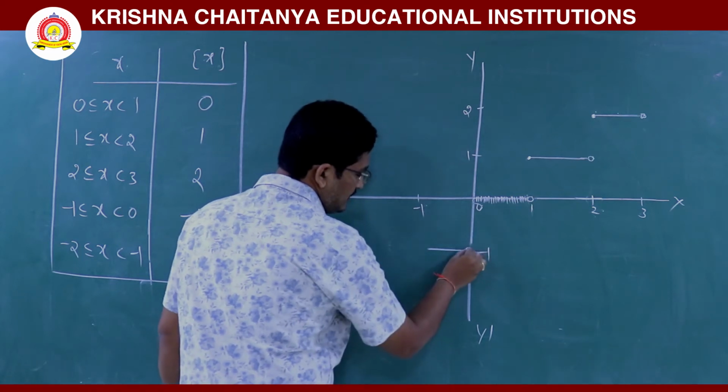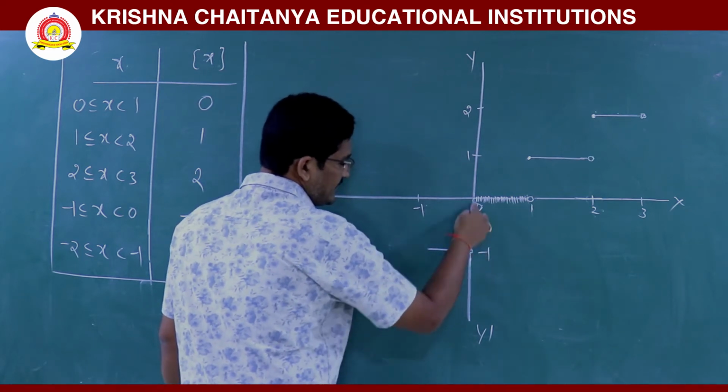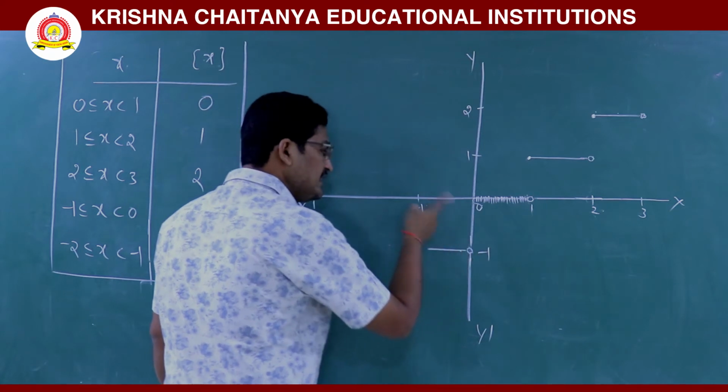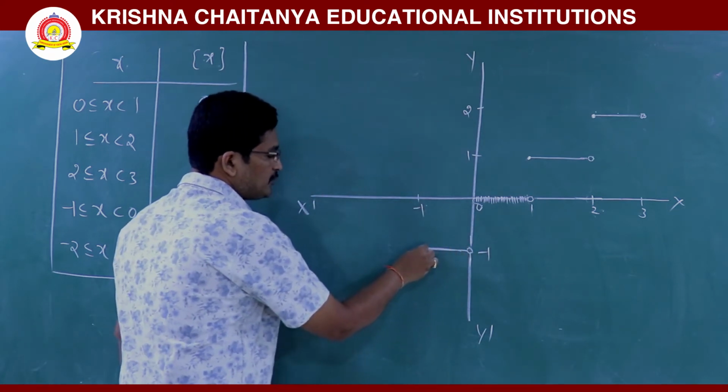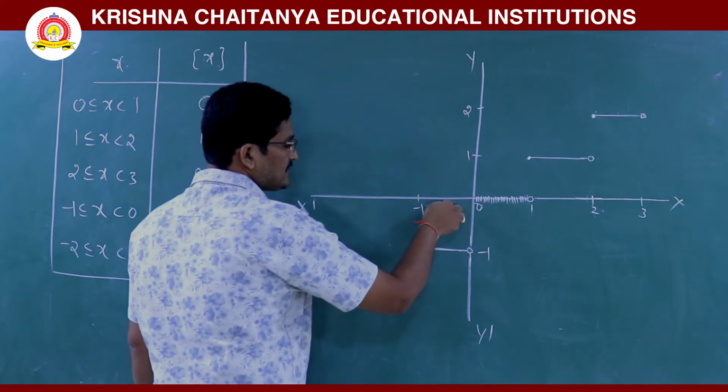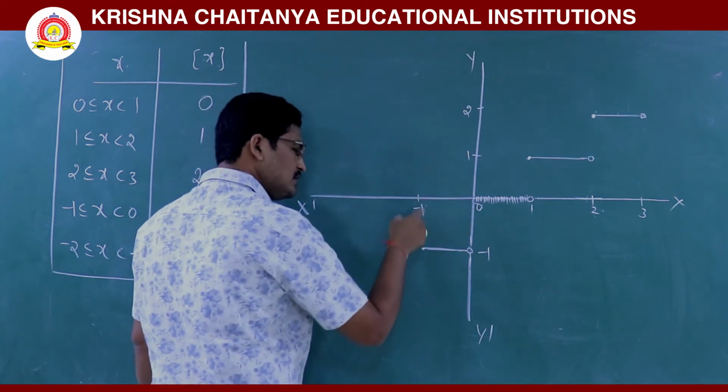One minute, you have to see. If x equals 0, it's not equal to -1. So you have to take up to -1 there. So -0 point something, step is -1.